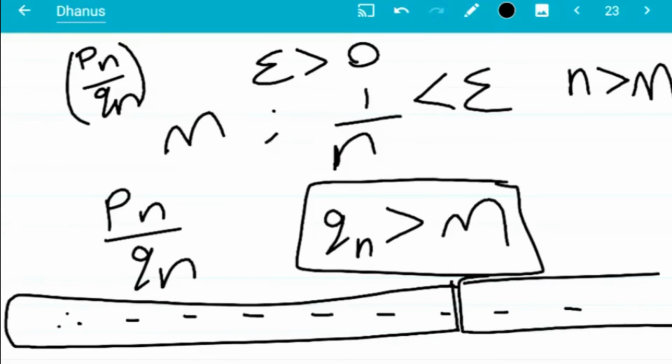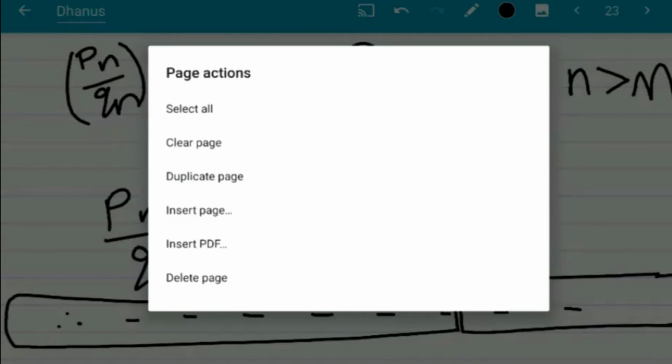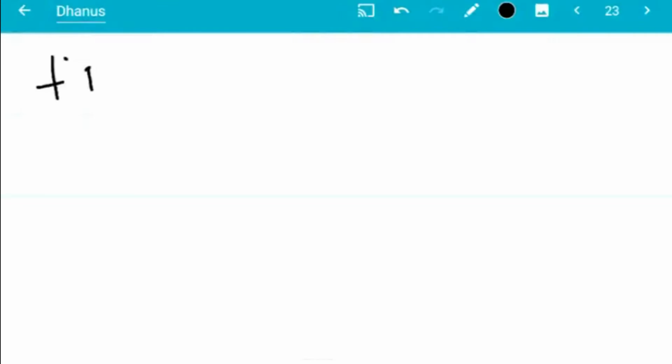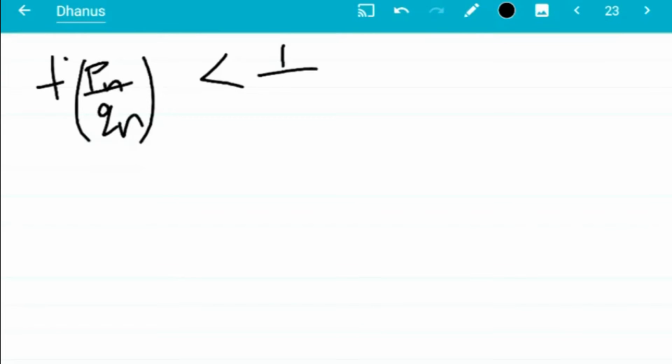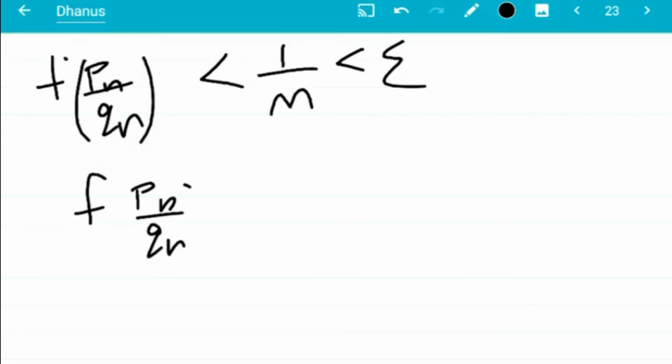And clearly f of Pn by Qn will be less than 1 by m, which is less than epsilon. That's why f of Pn by Qn converges to 0.